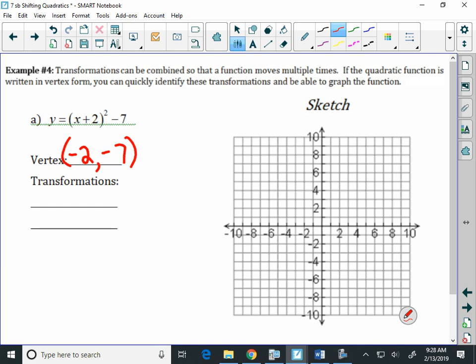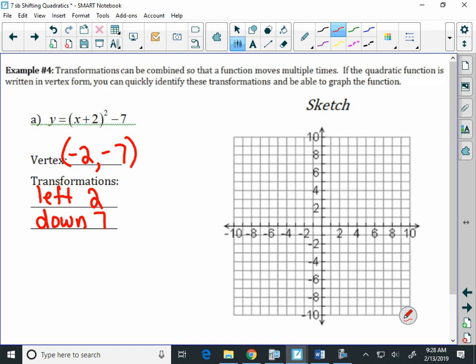The plus 2 is inside the function, and we're going to go left 2. If you have this idea in your head of change the sign, keep the sign, then you can probably identify pretty quickly that it is left 2. Oh, I've got to change that sign, that means I have to go left. And then the -7 is down 7, our other transformation.